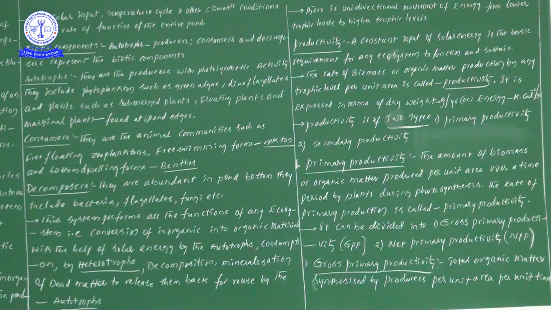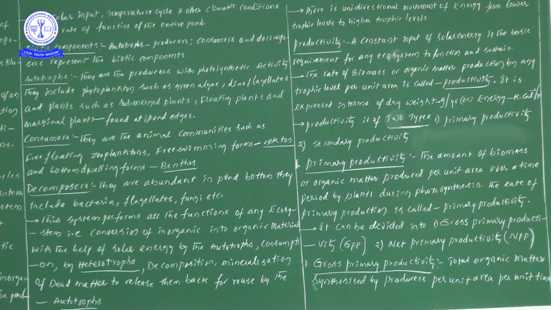That amount of biomass or organic matter produced by the plants is what we take as primary productivity. So the rate of primary production is nothing but primary productivity.